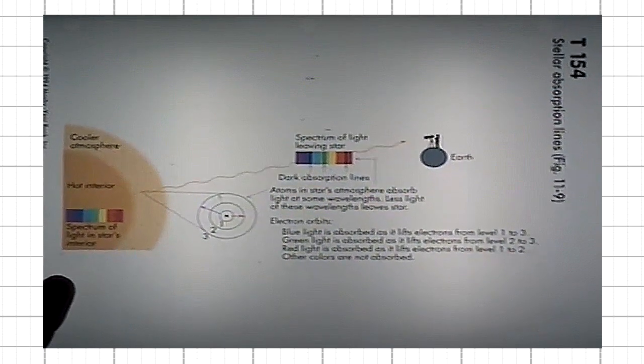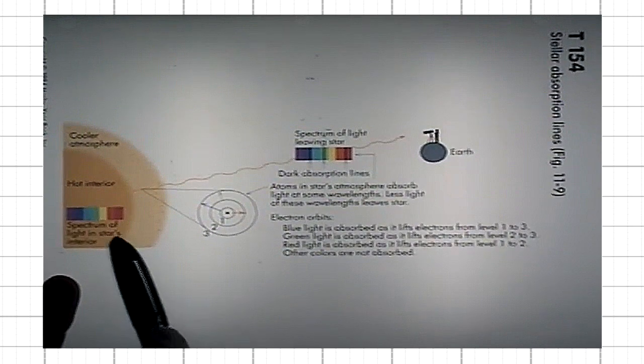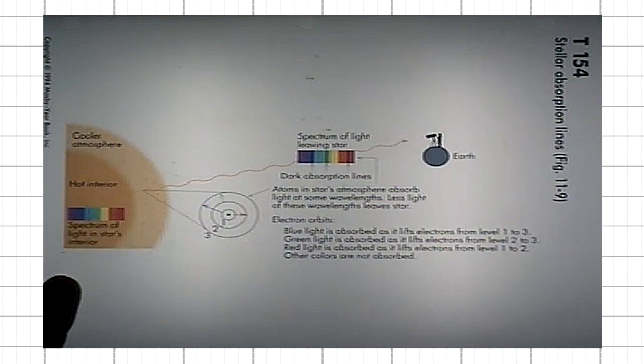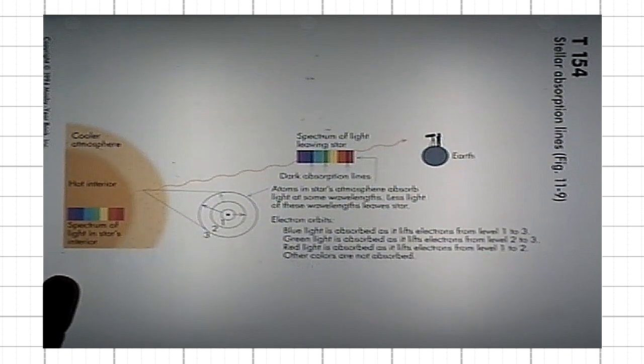It won't start unless the temperature is 10 million degrees. And that light then is passing through the cooler atmosphere. In the case of our sun, the surface temperature of the sun is 6,000 degrees.